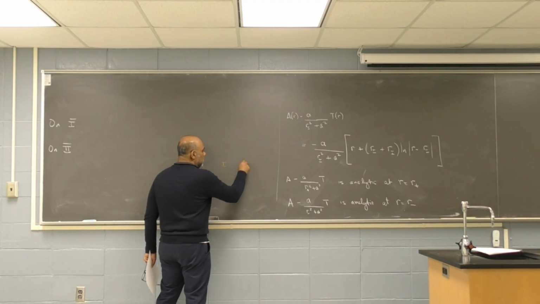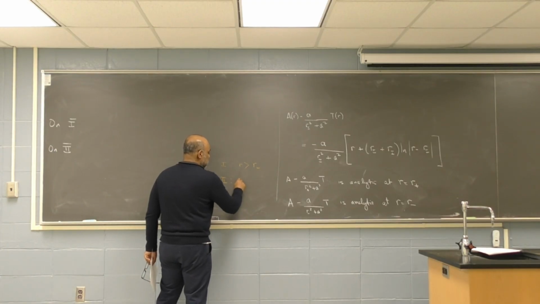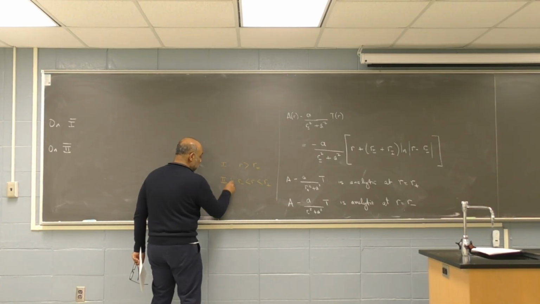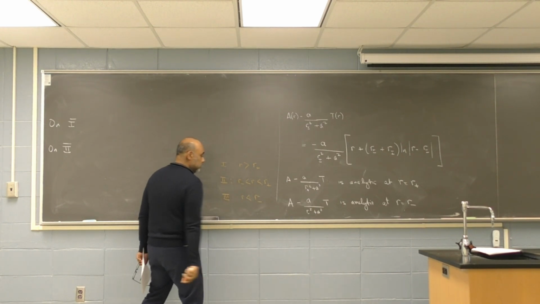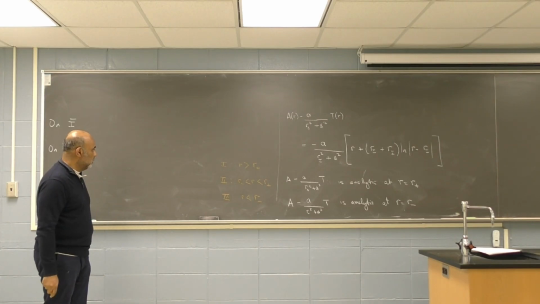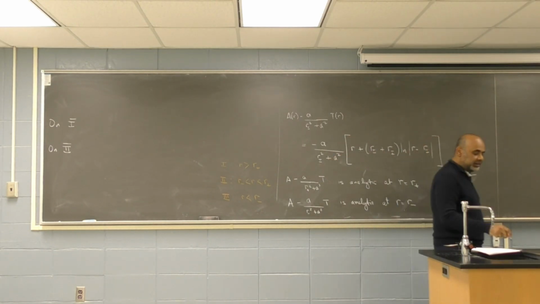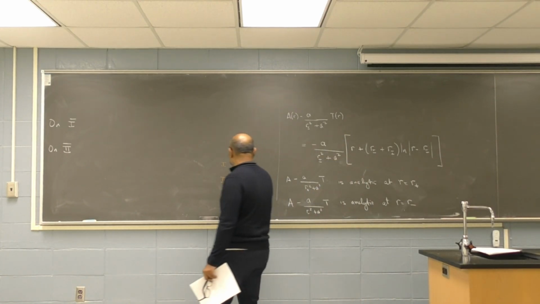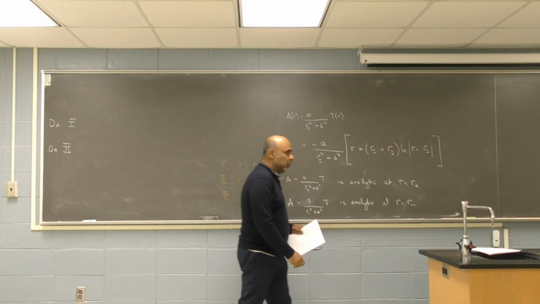Block 1 is r greater than r plus, 2 is r minus less than r less than r plus, and 3, which we won't see today, is r less than r minus. And when I put a bar on top of that, it just means this exact same region in the Kerr's child coordinate system.